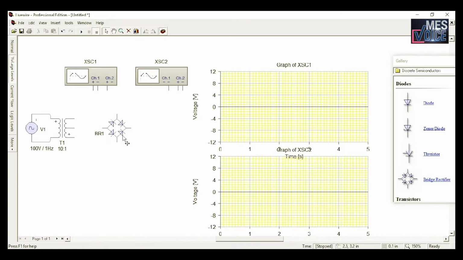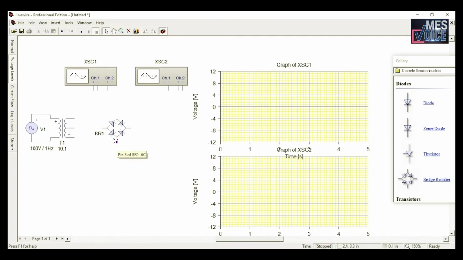Here 4 diodes are connected. Here we can see the upper and lower pins are connected to the AC and the other 2 connections.